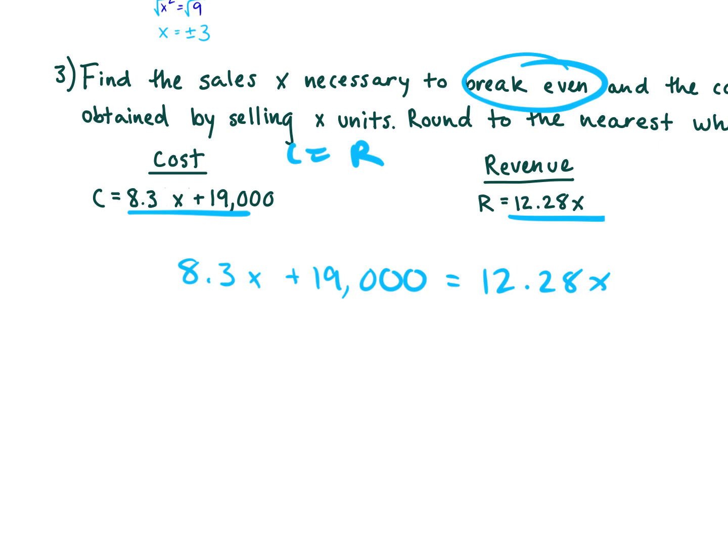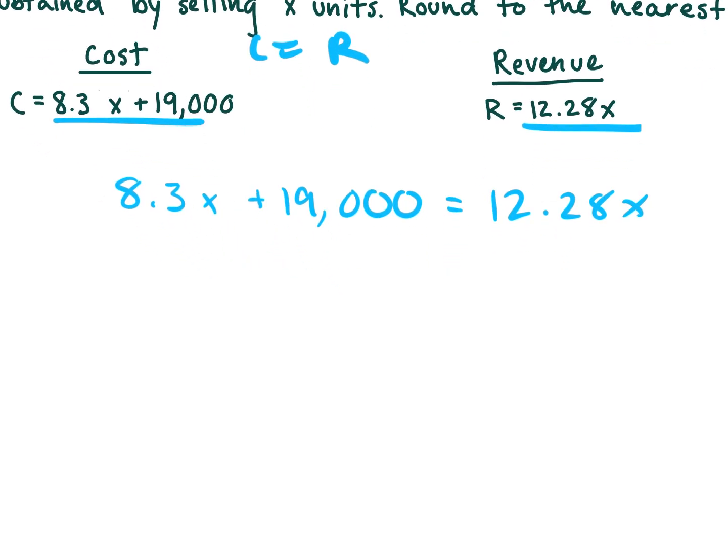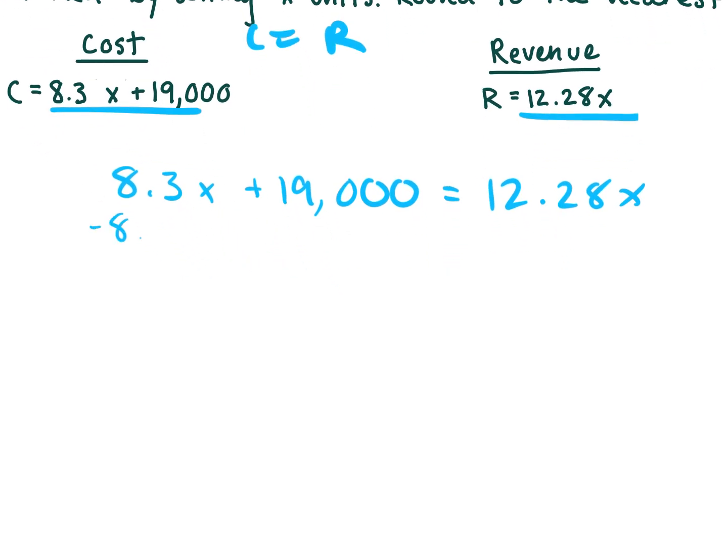What do you want to do first? We can subtract the 8.3x. So we have 19,000 is equal to, be careful when subtracting here. When you subtract with decimals, it's just like subtracting with whole numbers, but just line up your decimals.